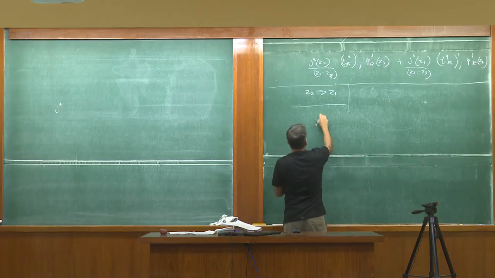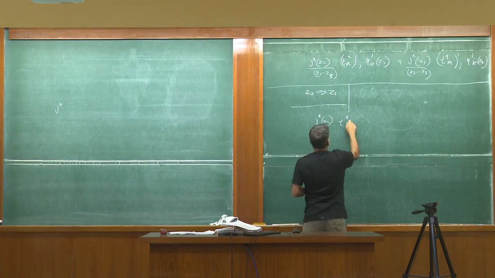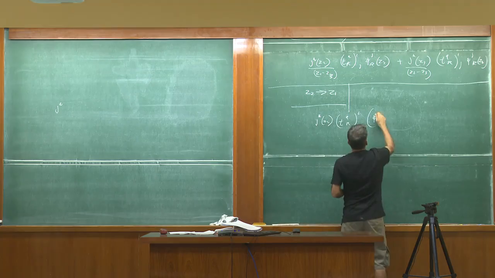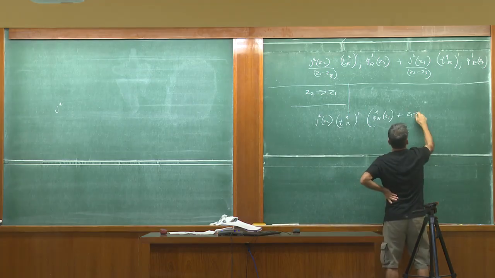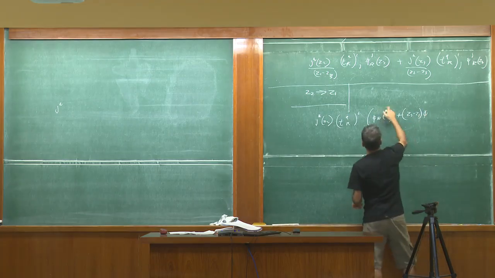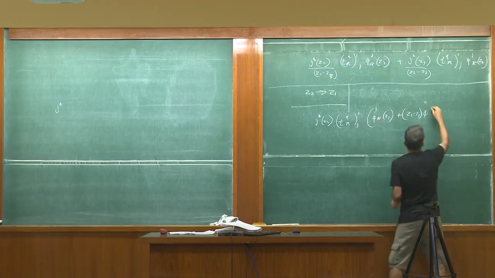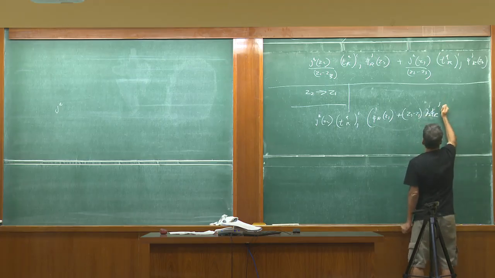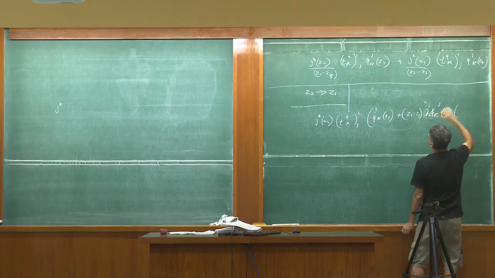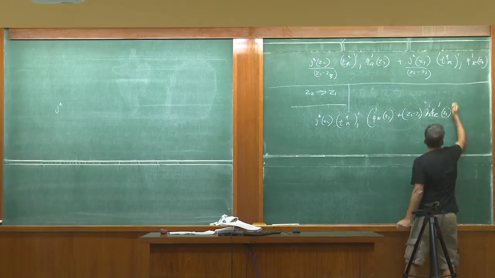So this is JA, Z2, TARI times phi AR Z1 plus Z3 minus Z1 phi J, this was TAIJ, phi J of del Z, phi J of R of Z1 into Z3.